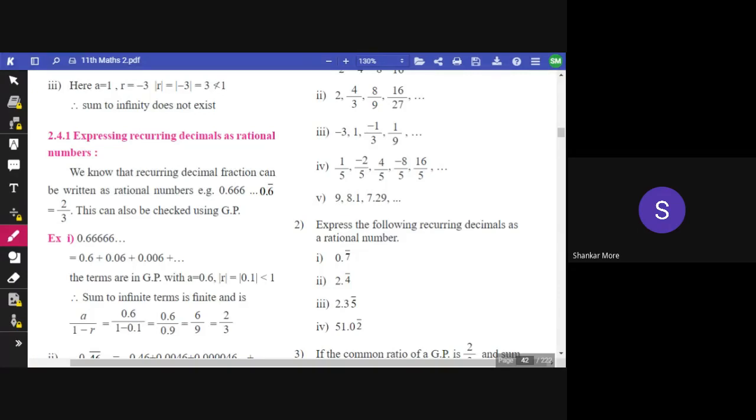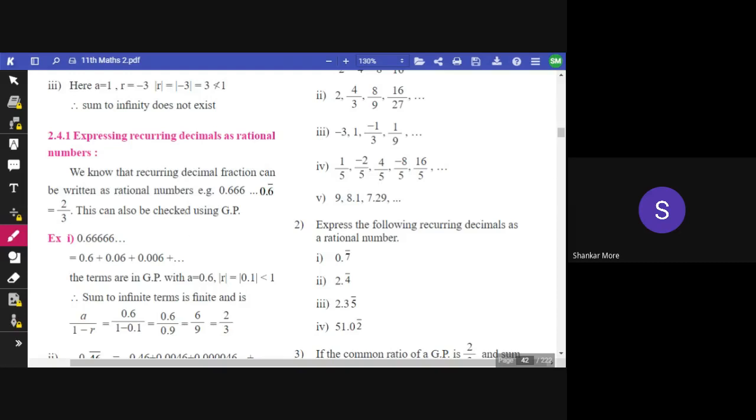They will ask you to find the sum of finite terms like 10 terms, 20 terms. So the value of n will be given there, and if the value of r is less than 1, you use the first formula. If the value of r is greater than 1, you use the second formula. Value of n is given there. So this is how you differentiate. I hope your doubt is cleared.